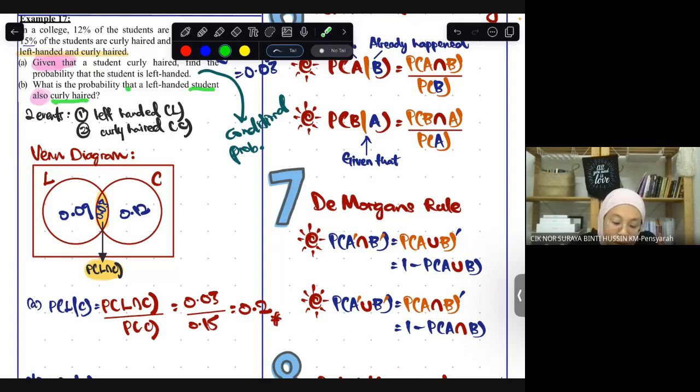Given that, perkataan that ni lah. Okay, I think we should not highlight the also, but we highlight the word that. Imagine that ada perkataan given that. Find what is the probability given that a left-handed student also a curly head?